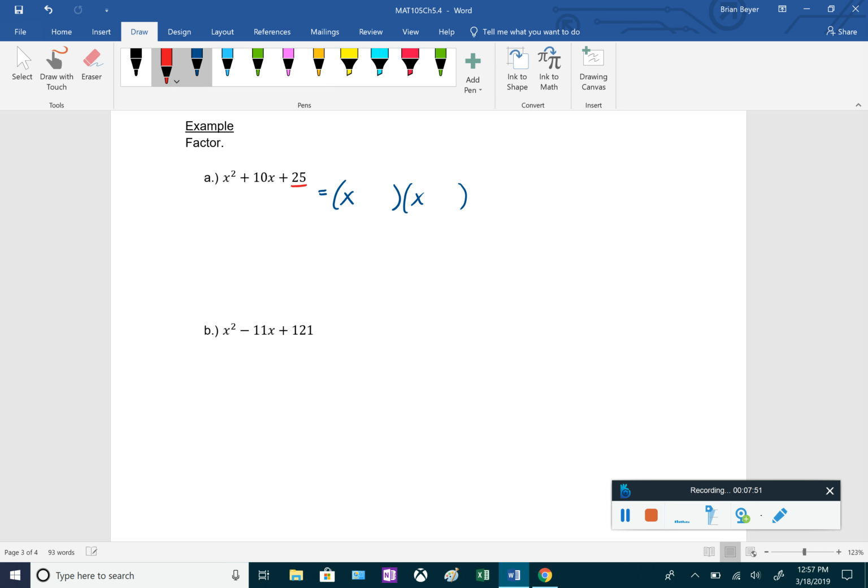So two numbers that multiply to 25 that add to 10, that's going to be 5 and 5. So instead of writing it like that, I'm going to write it as x plus 5 squared. So what that means is that x squared plus 10x plus 25 is a perfect square trinomial. We were able to write it as a binomial squared.